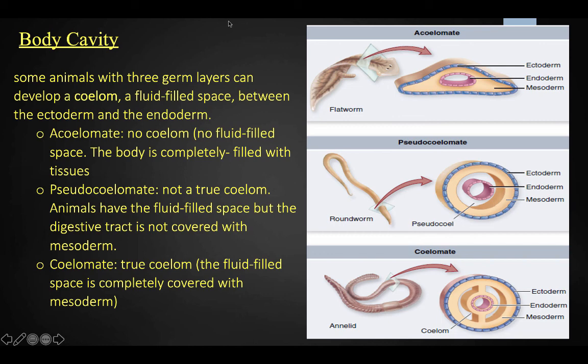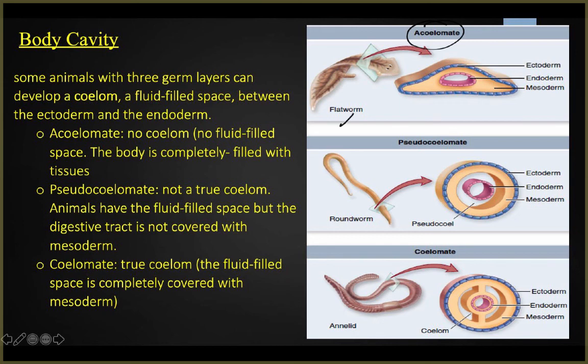So the acoelomate, which is the first one that we're going to look at here, which is a flatworm, you'll notice that you have the endoderm here, the ectoderm here, and the mesoderm in the middle, and there is no fluid-filled space. So this means that it has no coelom.